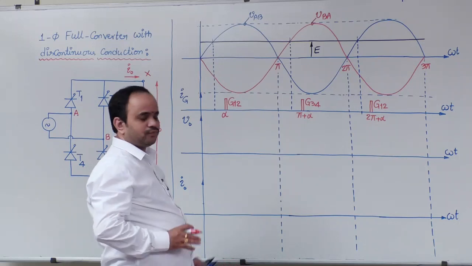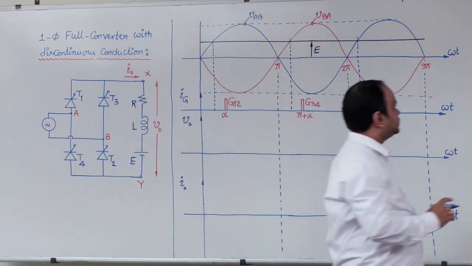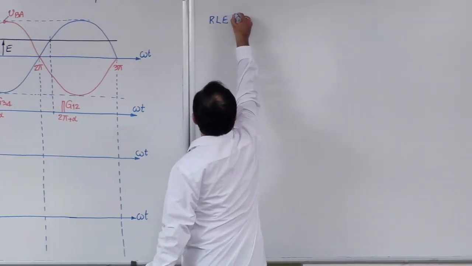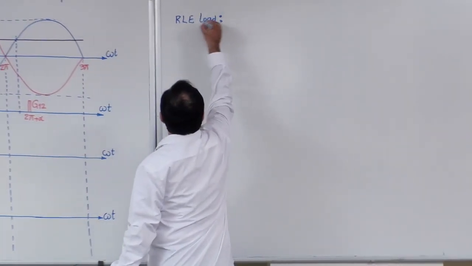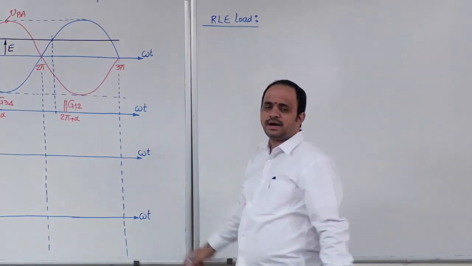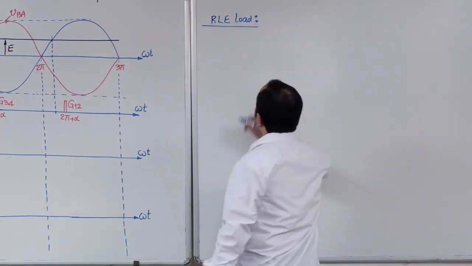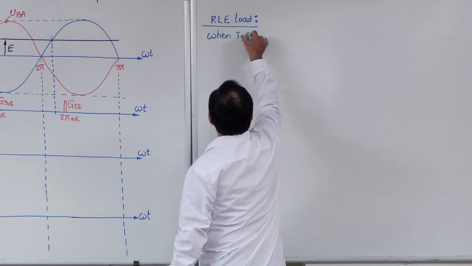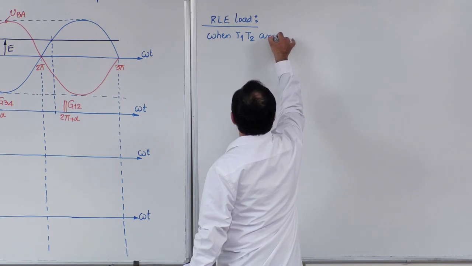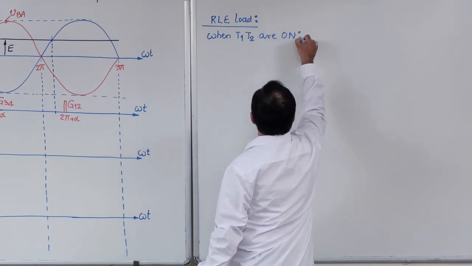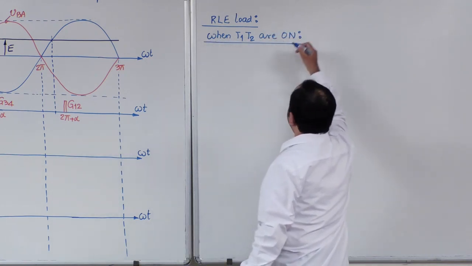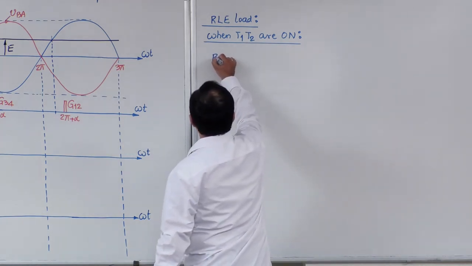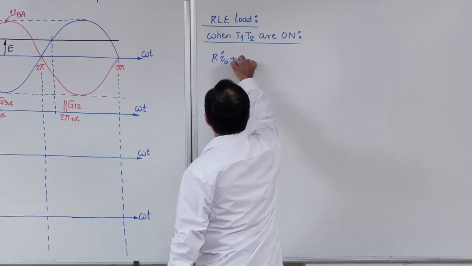Now first let us consider that the load is RLE type. With this load, suppose the T1 T2 devices are in conduction, then what is the basic circuit equation?